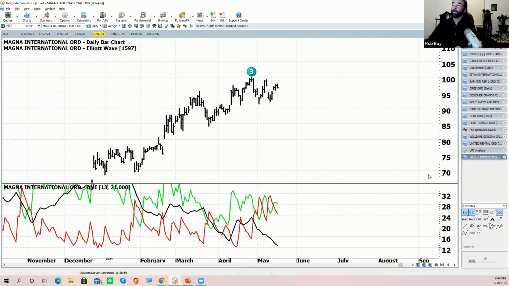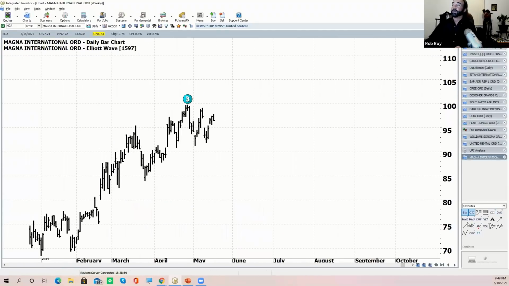Another one of those that's in a wave 3 and consolidating, and it just doesn't look very supportive from the DMI, does it, as far as a continued run. So these two wave 3s could be getting ready to create their wave 4. That looks pretty good too. Maybe a little less expensive. Let's see.